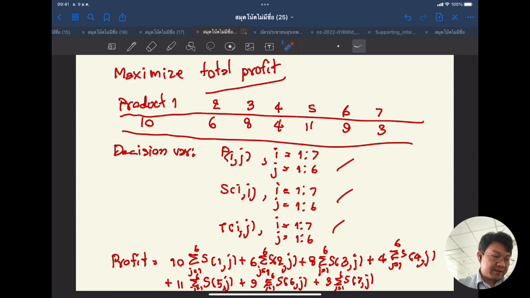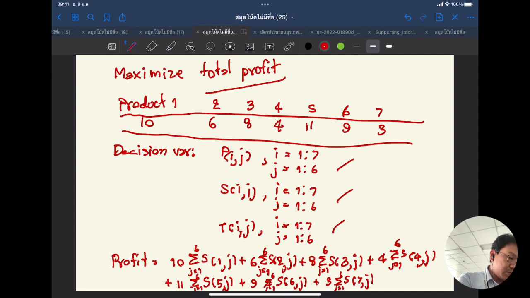We can sell it later. But S represents the amount of each product we sell at each month. So this should be S because it is a profit, the contribution to the profit. So it should be the product we sell at each month. The sale of each product in each month contributes to the profit.